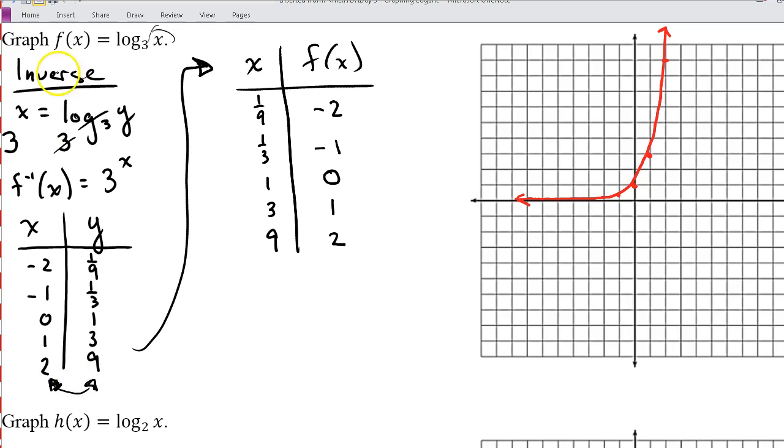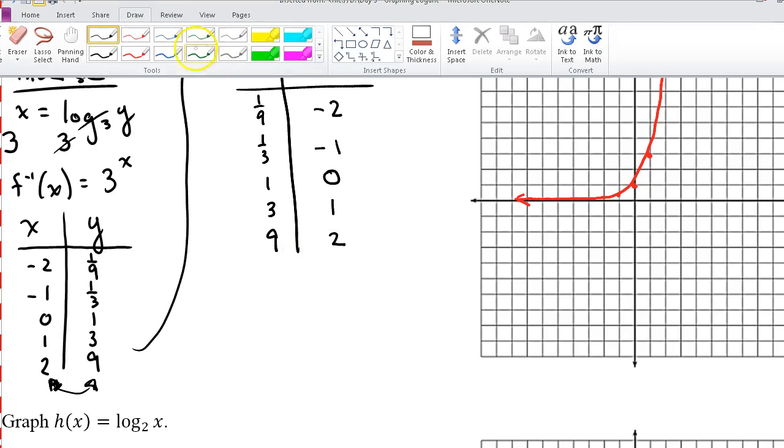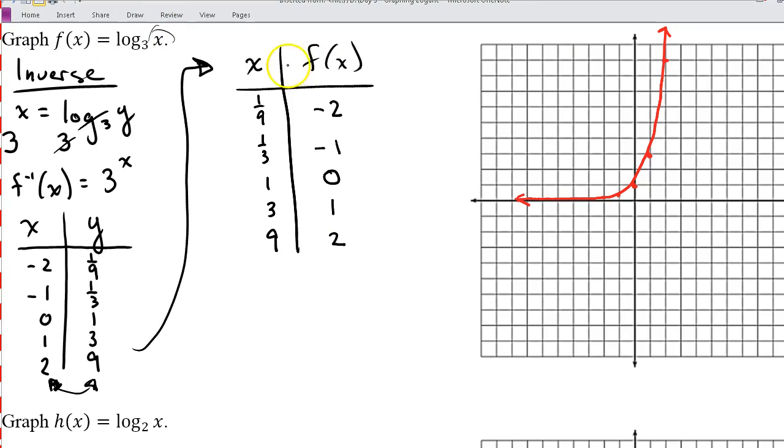Okay, so again, I think it's a little bit easier to graph the inverse of the log, graph the exponent. Then you just have to interchange the x's and y's. And we can go ahead and graph the original log function. So I have 1/9, -2, so somewhere around here.